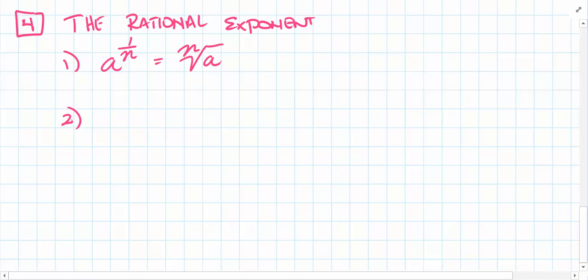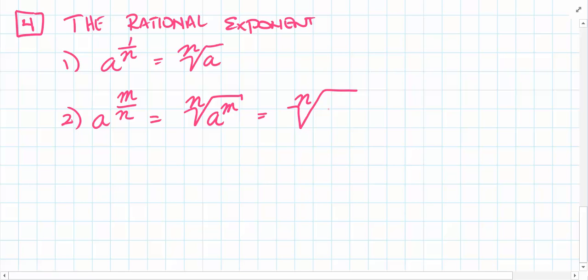All right, if we extend that to say a to the, I don't know, m over n, then this is going to be the nth root of a to the m, which can also be written as the nth root of a, all to the m power on the outside.